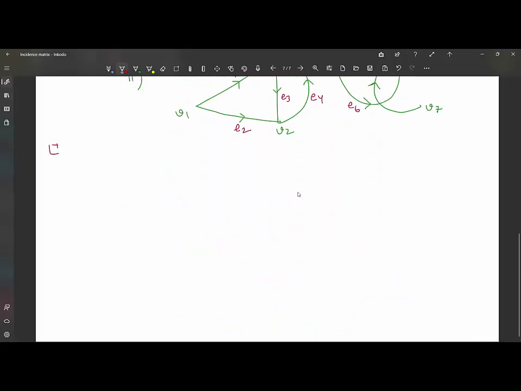Now another type of problem: calculate the graph from the incidence matrix.